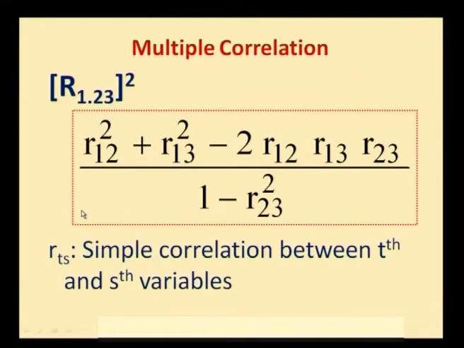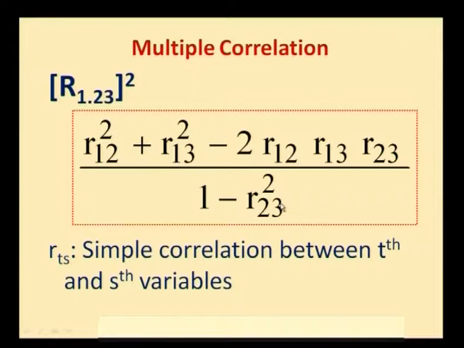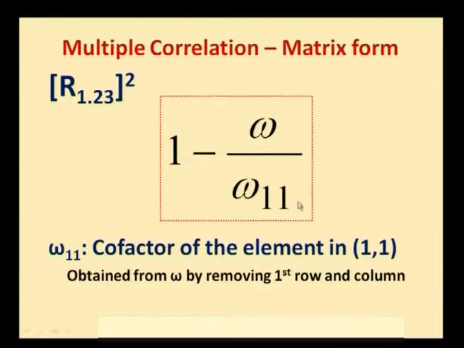So, omega is to calculate the numerator of this formula. Then I will be calculating something more from this, omega 1 1. A quick observation is that the numerator has a determinant form, and the denominator is also important, which we calculate using one more determinant termed omega 1 1. So, the formula for R 1 2 3 has in the numerator omega, the determinant of 3 by 3 order.